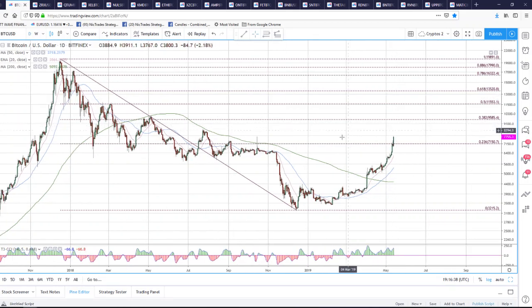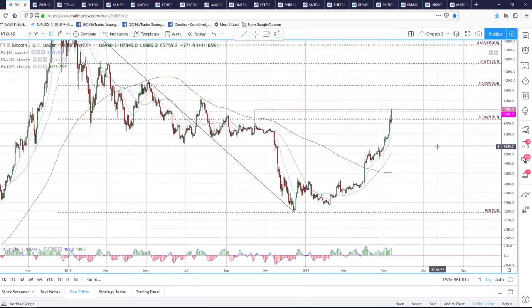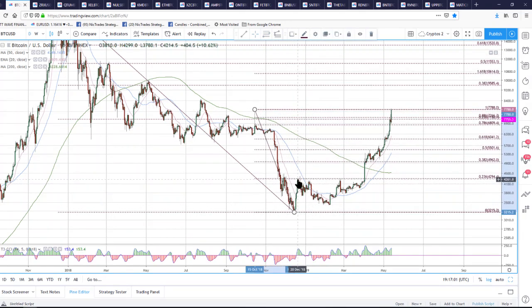So short term, as we said, we've got that level on those other fibs around here, 7,700. And we've got this previous high around here, 7,700. We know that this high is an important high because when we drew our fibs initially and watched this climb, this was validated at the 236 fib level.